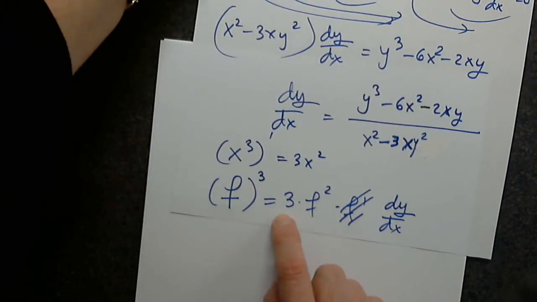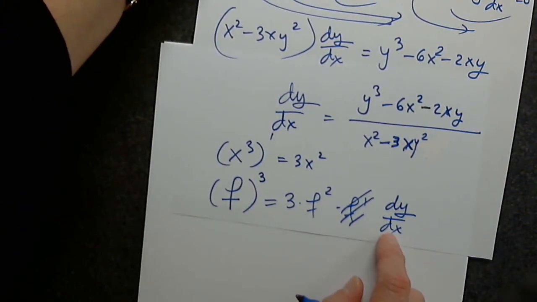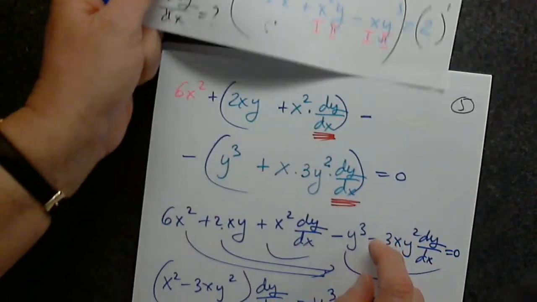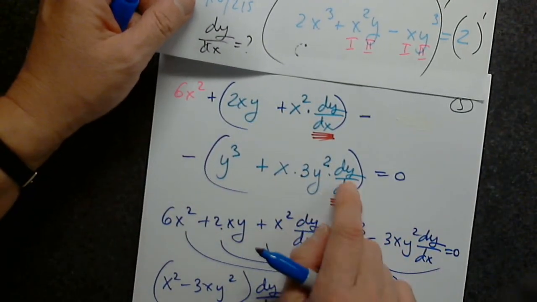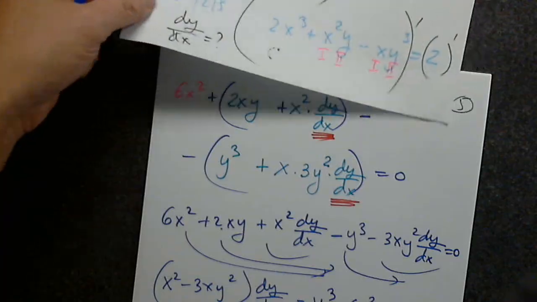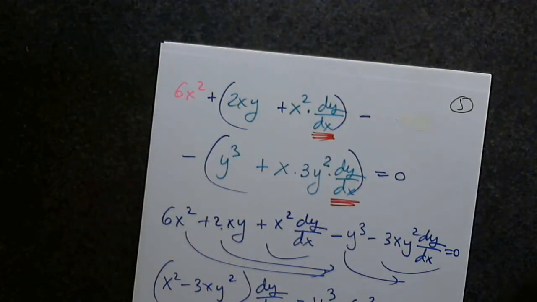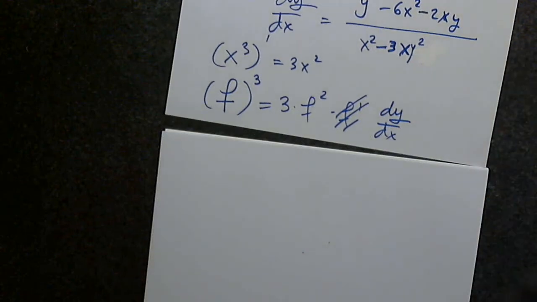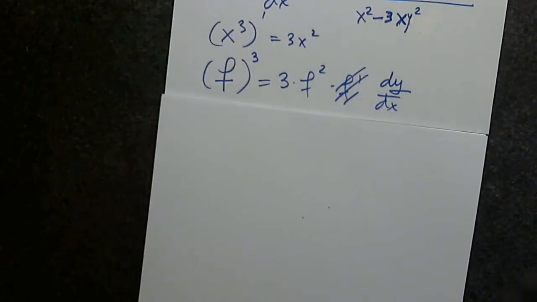I have to have 3 y squared dy over dx. So that's how I have 3 y squared dy over dx. Better? It's a function. I know it's confusing, but just don't look at it as y. Just say it's a function. It can get a little confusing till you get used to it.